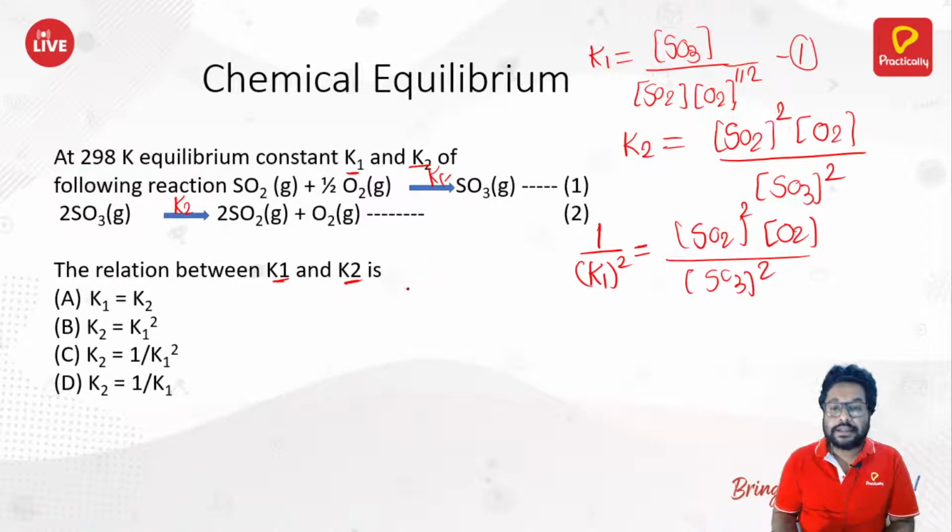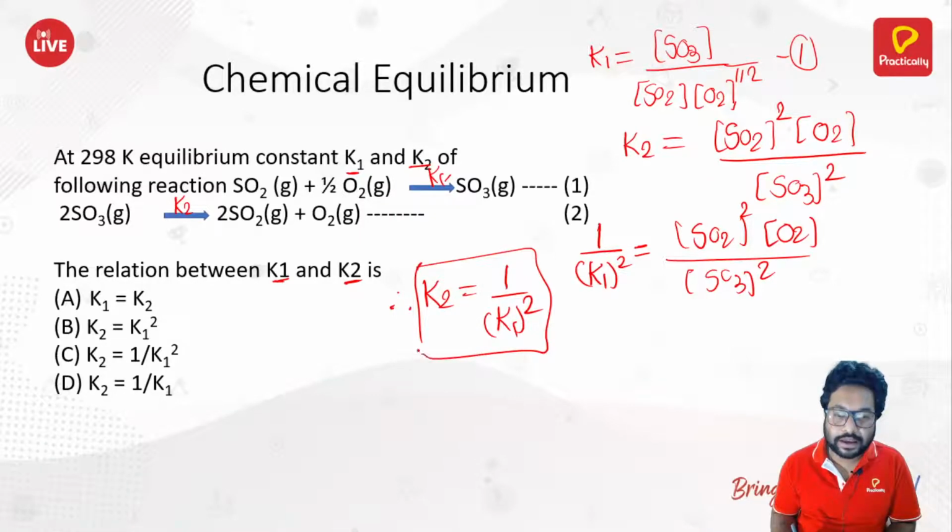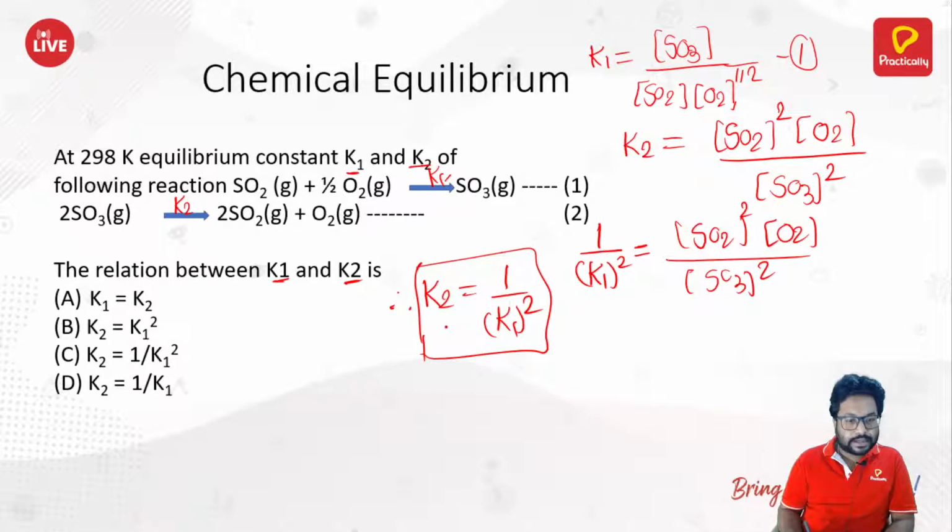That means the relationship between K1 and K2 is K2 is equal to 1 by K1 square. Which makes your answer K2 equals 1 by K1 square. Yeah, that means your answer is C.